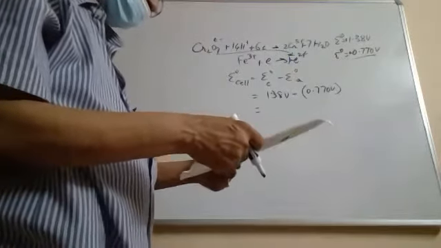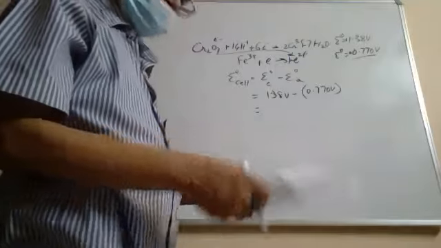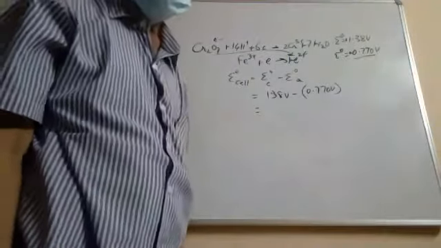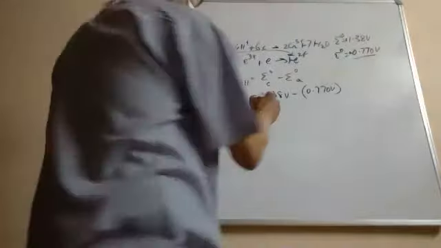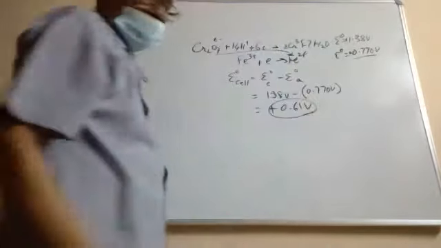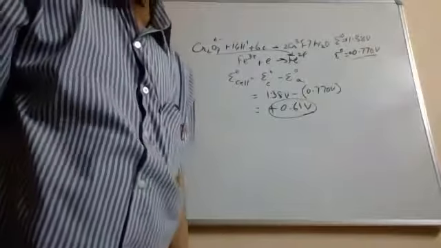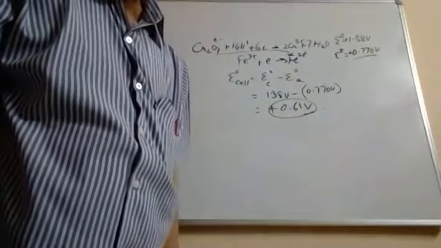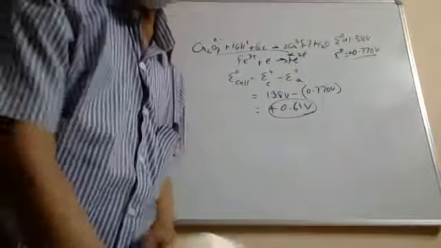So if you look at that difference, can anyone calculate and tell me what the difference is? 1.38 minus 0.77. 0.61. That's a plus 0.61, right? So is that process spontaneous or not? Yes. So what is this telling us now?